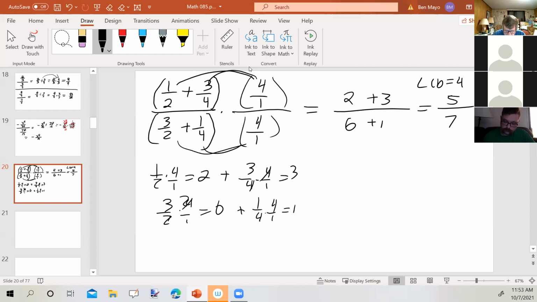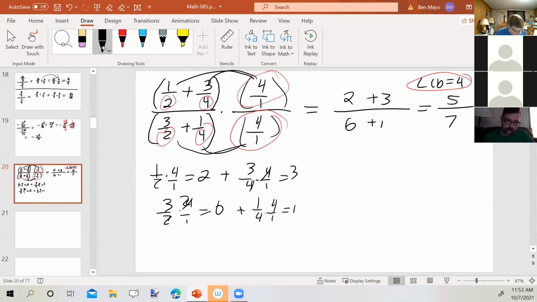Any questions about what I did there? So again, I identified all the little denominators, found the LCD for all of them, multiplied the entire numerator by the LCD over the entire denominator by the LCD, and then simplified as far as I could. Any questions?